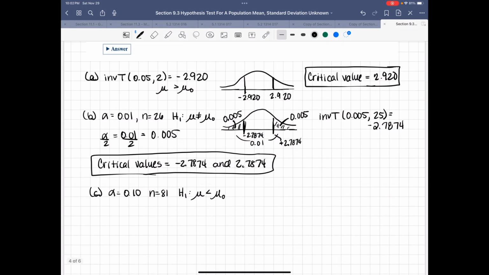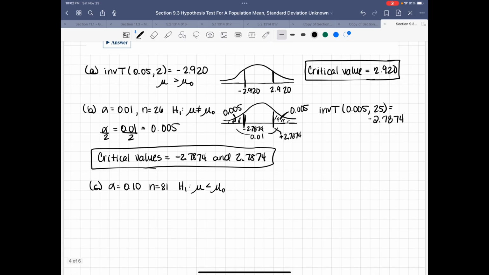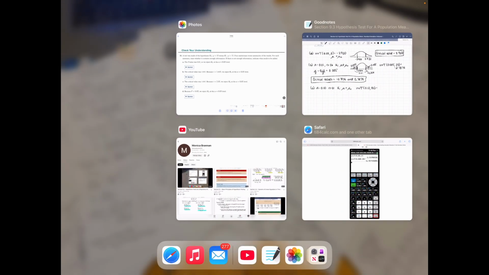So this is a left side, okay? That's going to give me, this one's pretty much straightforward, right? So I'm going to do an inverse t of 0.10, and n is 80. And we're looking for the left, so it should be negative.